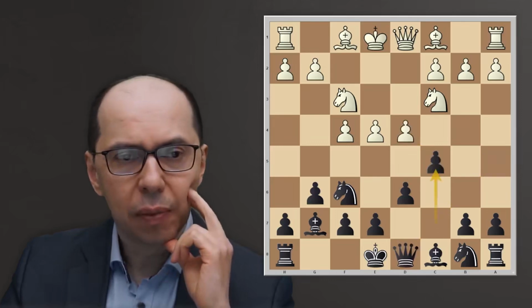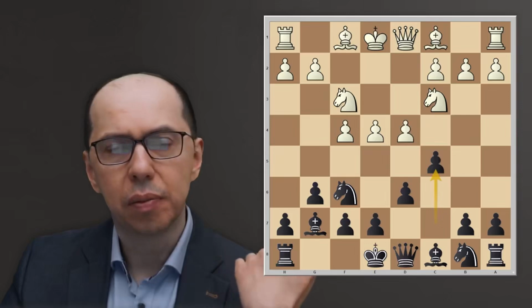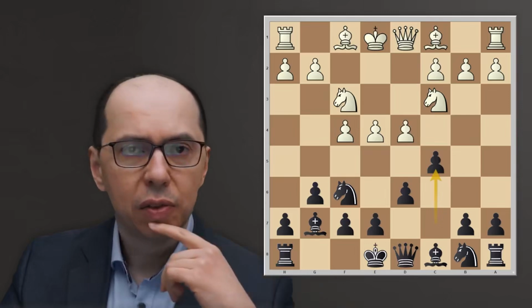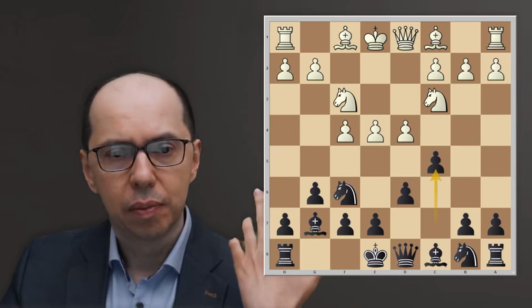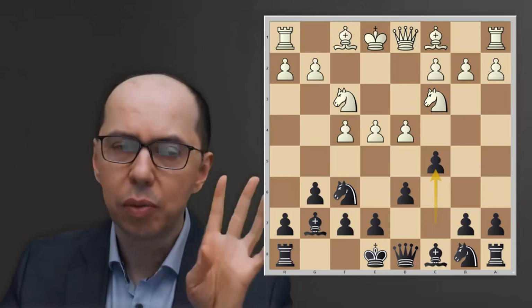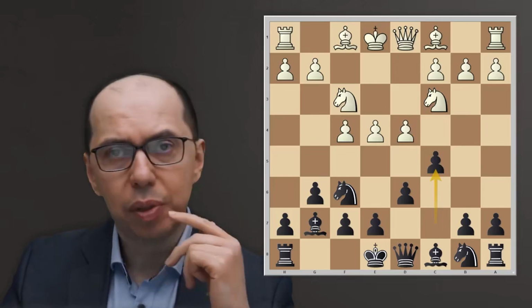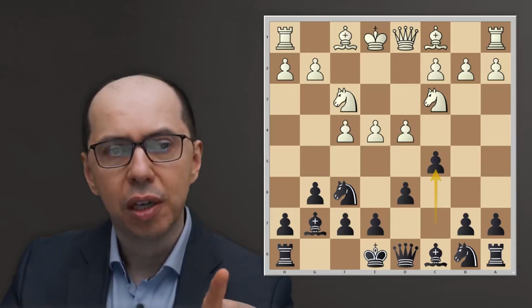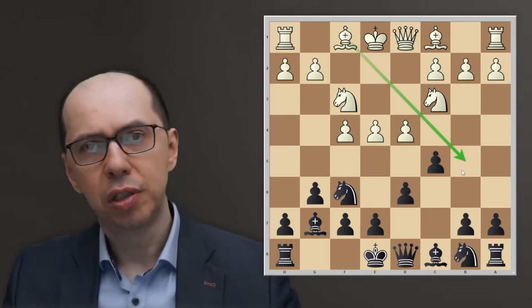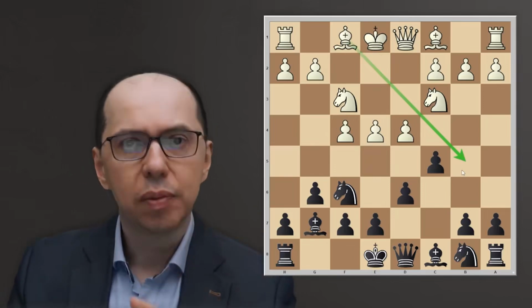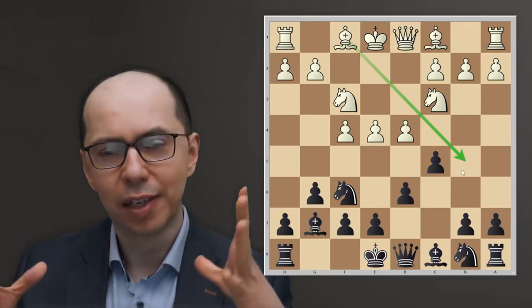All of this leaves us with the very main line of the Austrian attack, and potentially the very main line of the entire opening, possibly. This bishop b5 check in this position. And this is a big topic which deserves its own specific chapter.